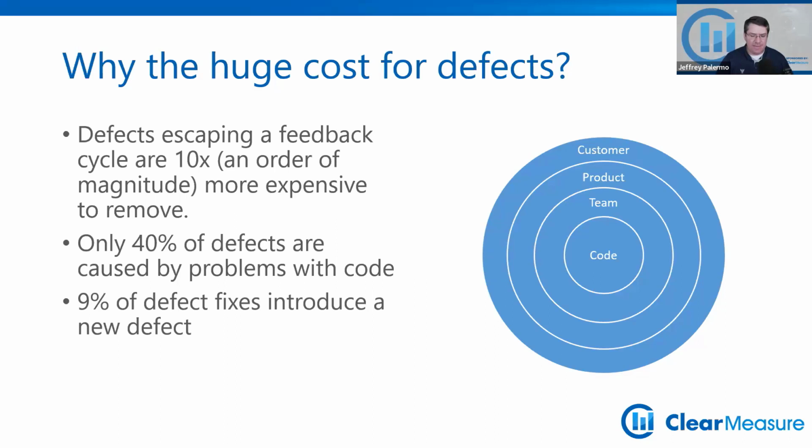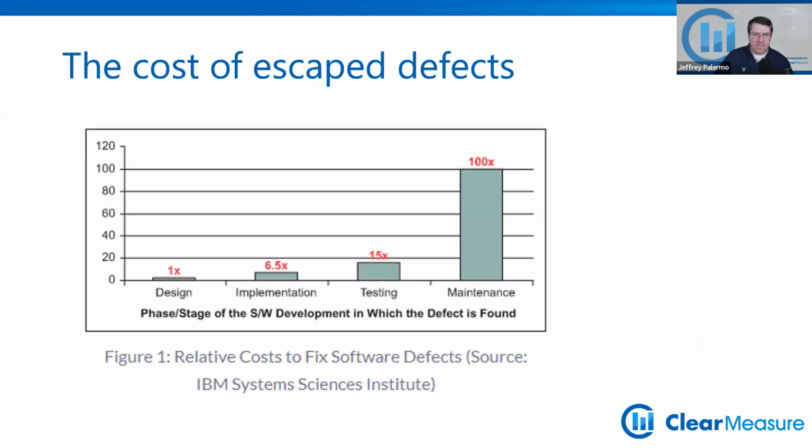And when a defect is caught when a developer is coding in the center, well, it's a really short cycle time. But every time it gets promoted to the team, it doesn't get caught. Every time it gets promoted to product management, it doesn't get caught. And every time it doesn't get caught and goes up to the customer, that's an order of magnitude cost. Okay. And there's plenty of studies out there that talk about the exorbitant cost of escaped defects.